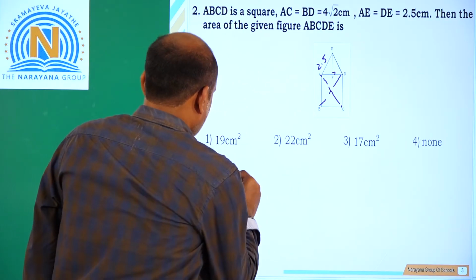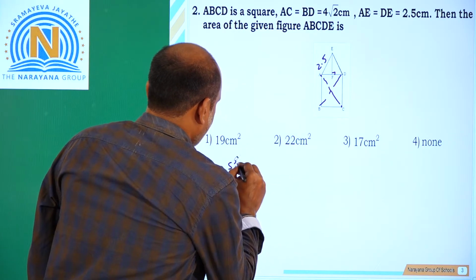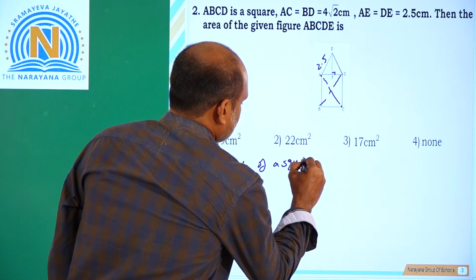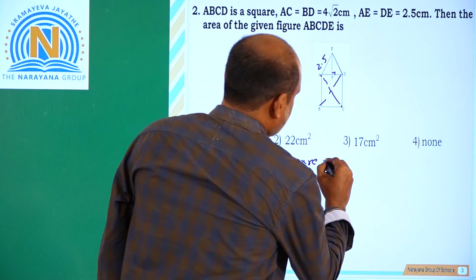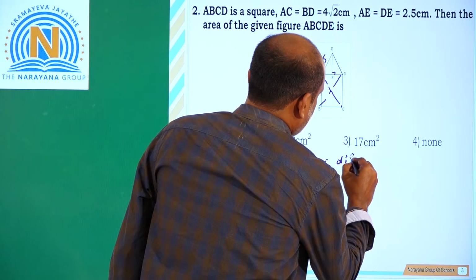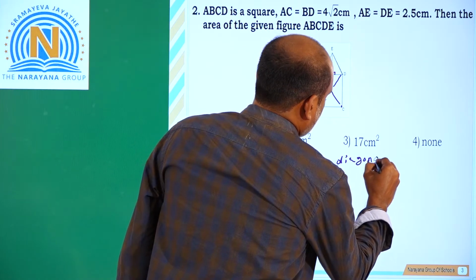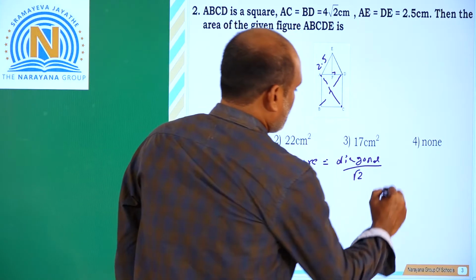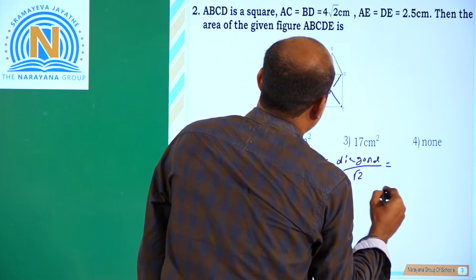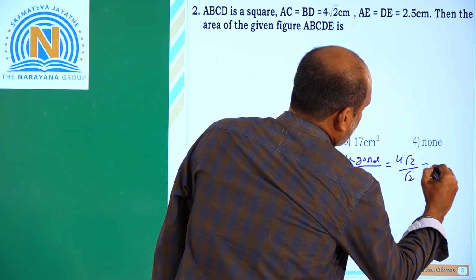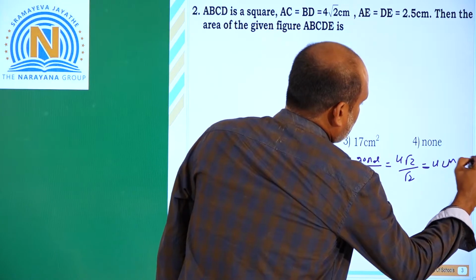We know the side of a square is equal to diagonal by root 2. The diagonal is given as 4 root 2, so 4 root 2 by root 2 is equal to 4 centimeters.